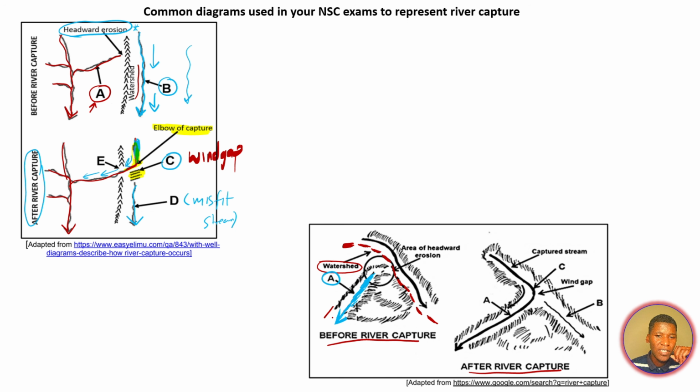So stream A is flowing in that direction. And then here is an area of headward erosion. Whenever there is headward erosion, you already know that the river is eroding back at its source.